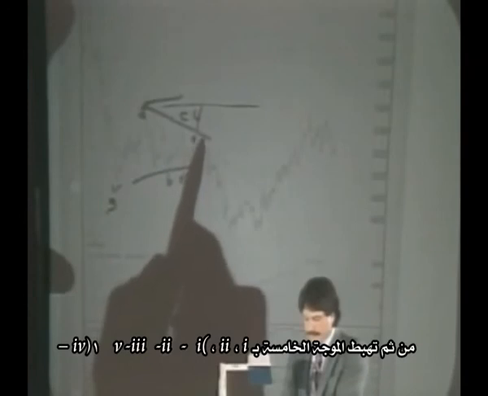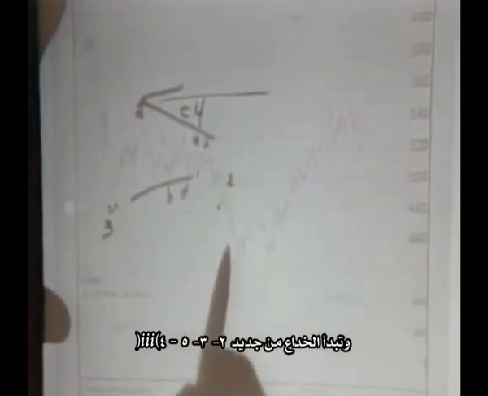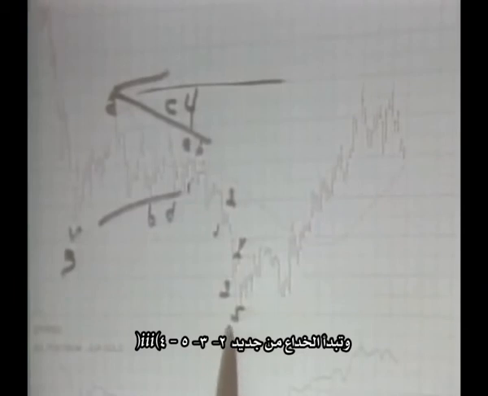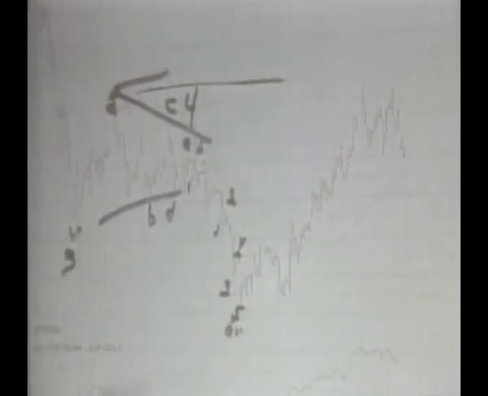C, D, E. 4. So then wave 5 drops 1, 2, 1, 2, 3, 4, 5, 1. This gets tricky again. 2, 3, 4, 5, 3. ABC 4.